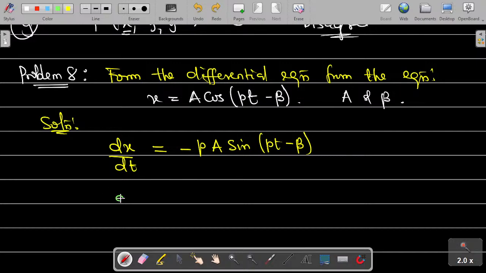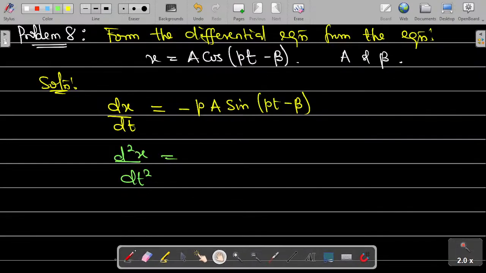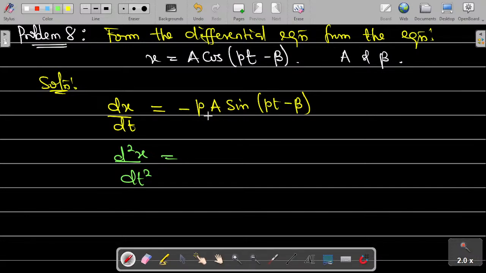So in going for the second one, that's d squared x dt squared, what are we going to have? That means we want to differentiate this again. All right, so to do that, remember, the derivative of sine is plus cos, so this is going to remain as negative minus p.